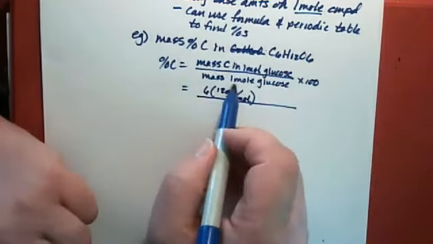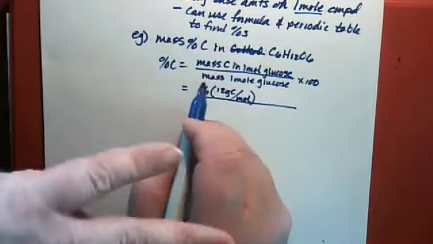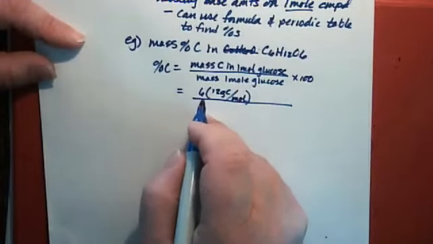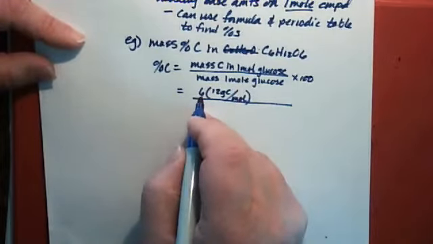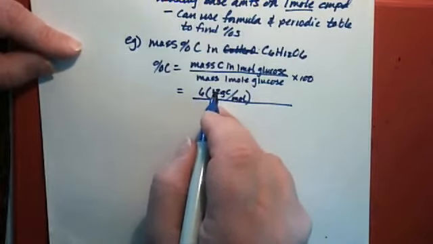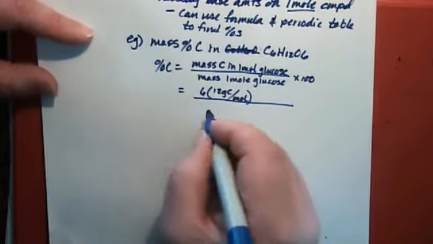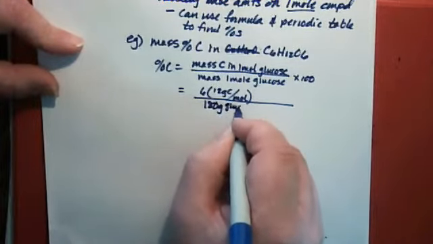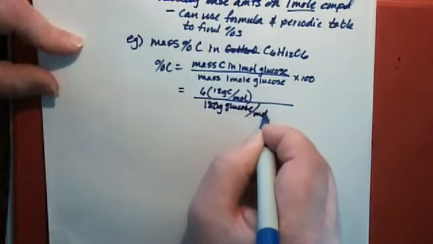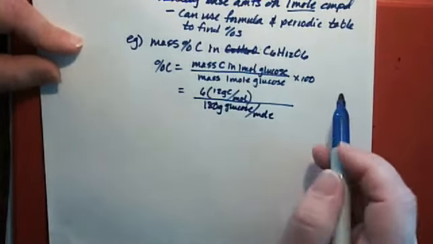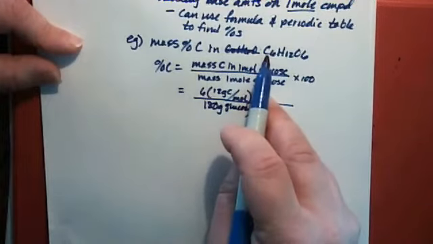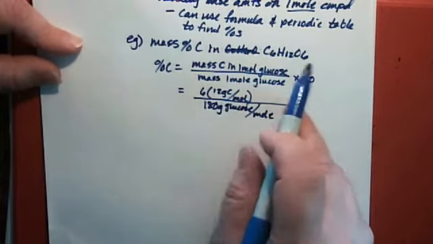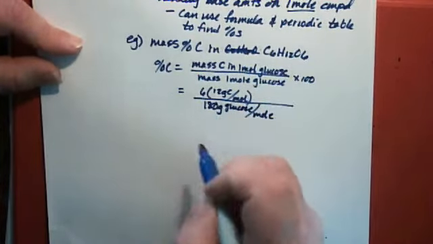So for every molecule of glucose, you've got 6 carbons. So for each mole of glucose, you've got 6 moles of carbon. So that would be 6 moles of carbon times 12 grams of carbon per mole. And there are 180 grams of glucose per mole. If you add up 6 times 12 for the carbon, plus 12 times 1 for the hydrogen, plus 6 times 16 for the oxygen, all of that totals up to 180.